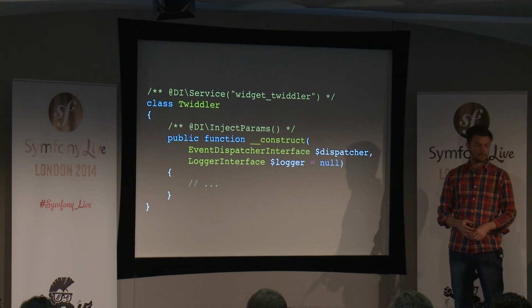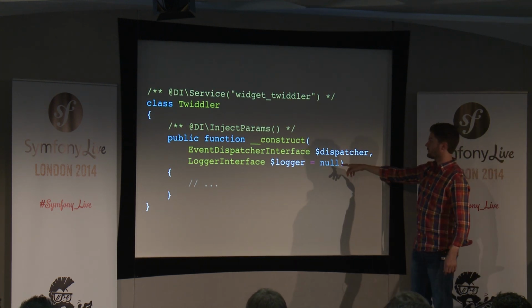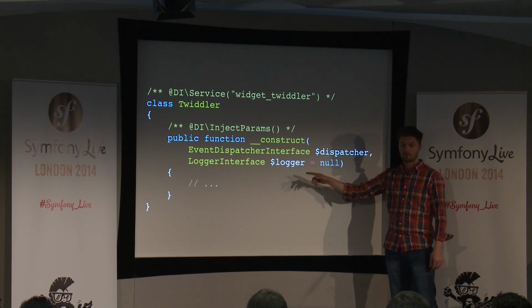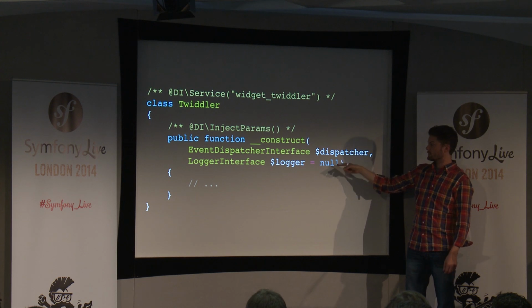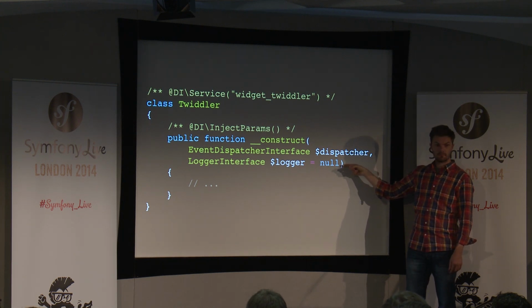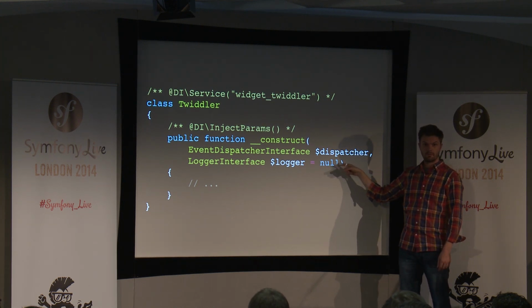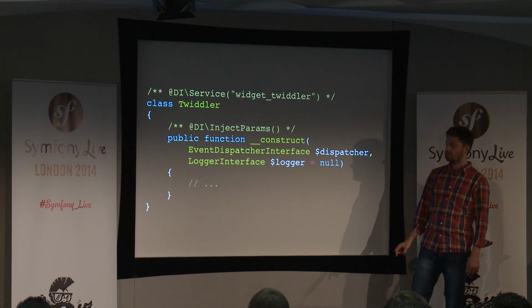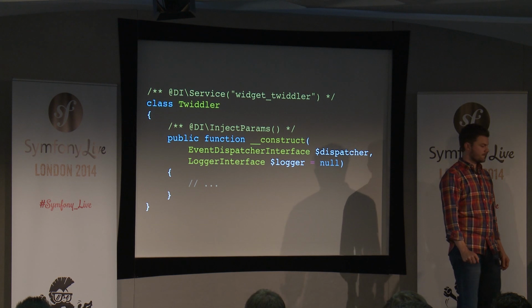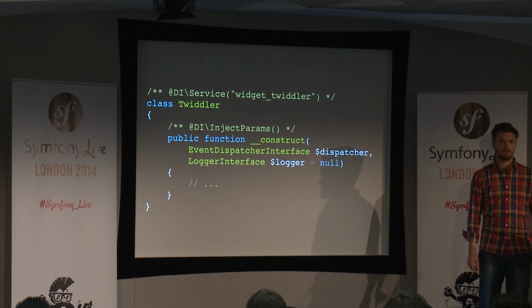And if we look back at this one here, the logger is an optional dependency. And the DI extra bundle is smart enough to know that since I have it marked as optional here with a default value of null, the dependency is also optional. And it configures the container accordingly.